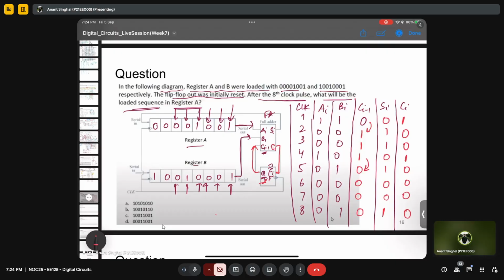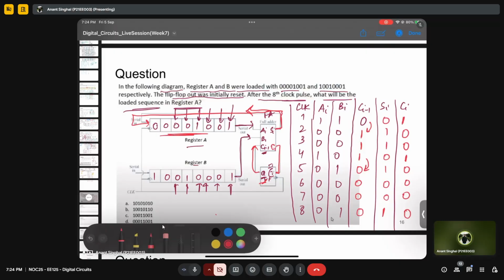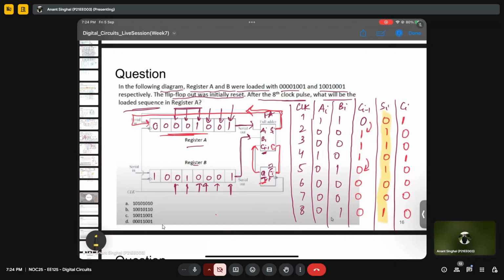Please let me know if this table is clear, then you have the answer. So basically what is happening, this Si is getting fetched to this register A, right? This Si, if you see, it is connected to the serial input.